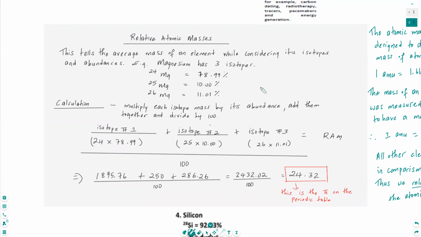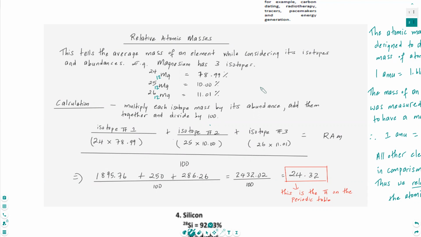So for example, this is magnesium, it has an atomic number of 12, this one has an atomic number of 12, right? So they all belong to the same element, but we notice that the mass numbers are different. So the reason why the mass numbers are different is because they have different numbers of neutrons. So if we should find some magnesium somewhere, if we should analyze all the atoms of magnesium, we will find that 78.99% of the atoms we find are actually the isotope with the mass of 24.